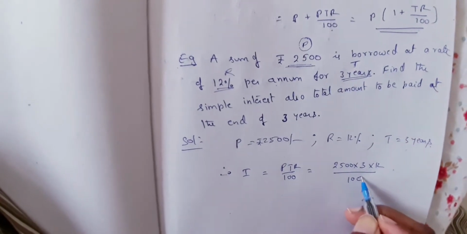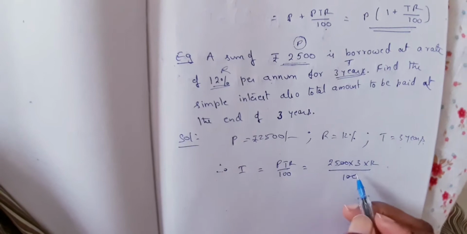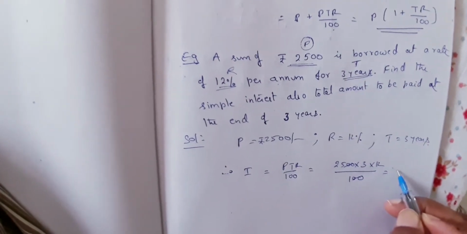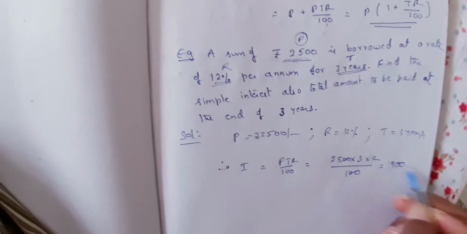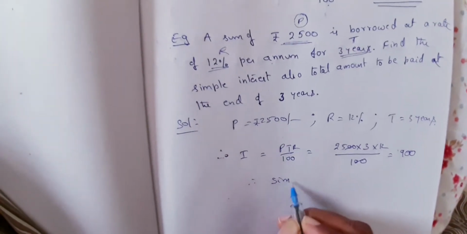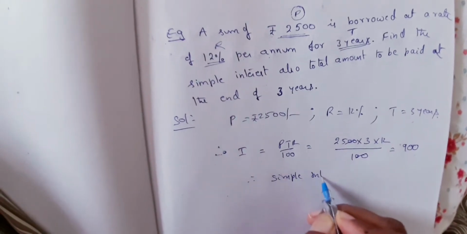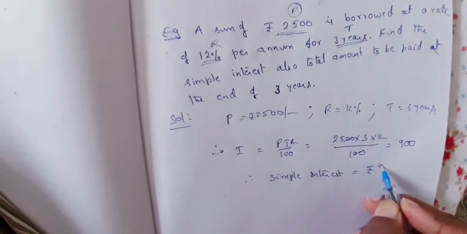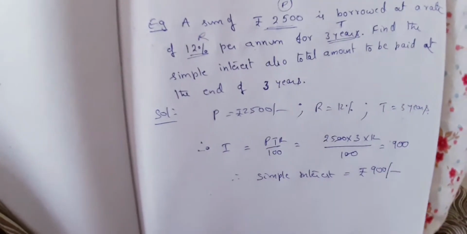So here this 100 and this 100 will get cancelled. So 25 into 36 we are left with, that gives you 900. So therefore simple interest is equal to rupees 900. Very good.